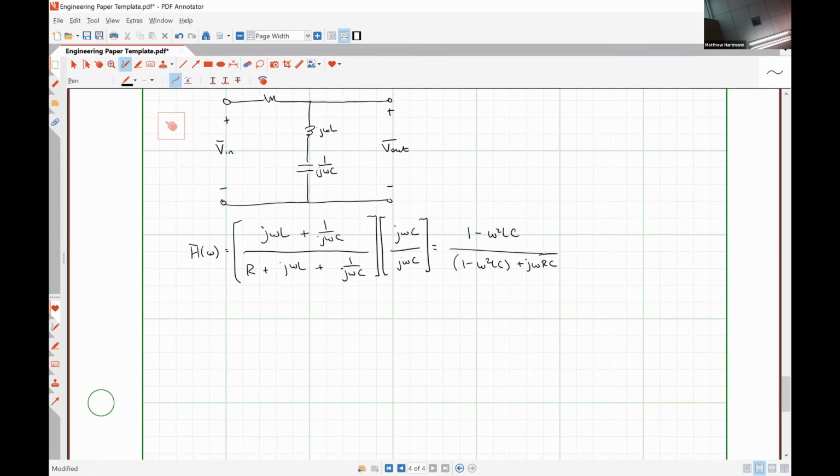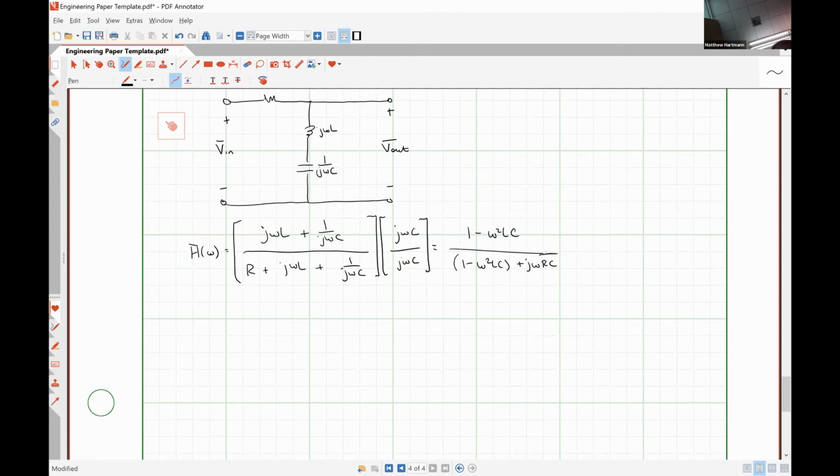Let's talk about our resonant frequency here. How are we going to make this purely real? If we look at what we did last time, we wound up with a magnitude of 1 at resonance.